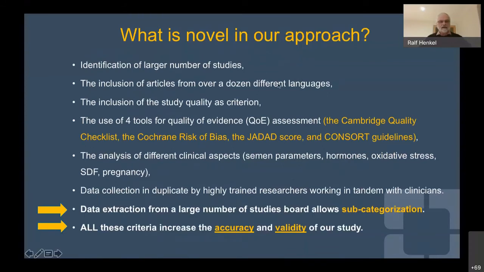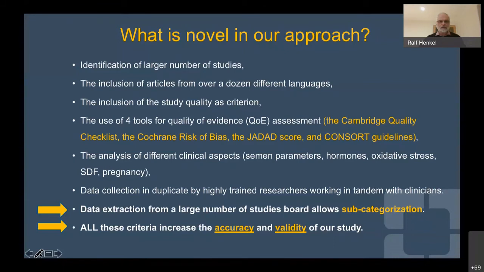Next slide, yeah. And from this, our studies, the first, second, and the third one, are really unique and novel. We identify a large number of studies, and this has never been done in the world before. If you look at all published meta-analyses that are available, they have relatively small numbers, and they never included more than 5,000 articles.